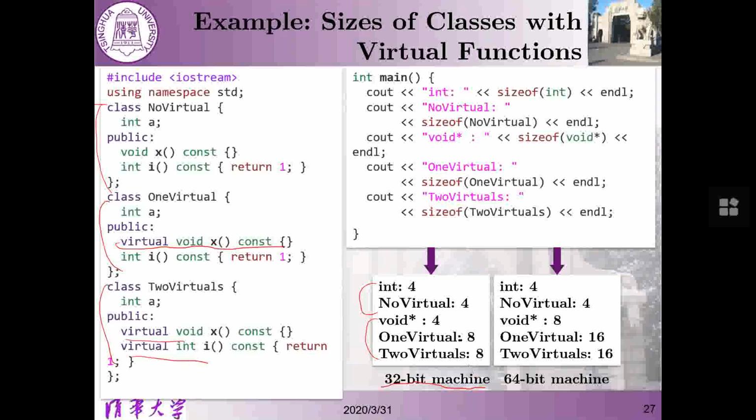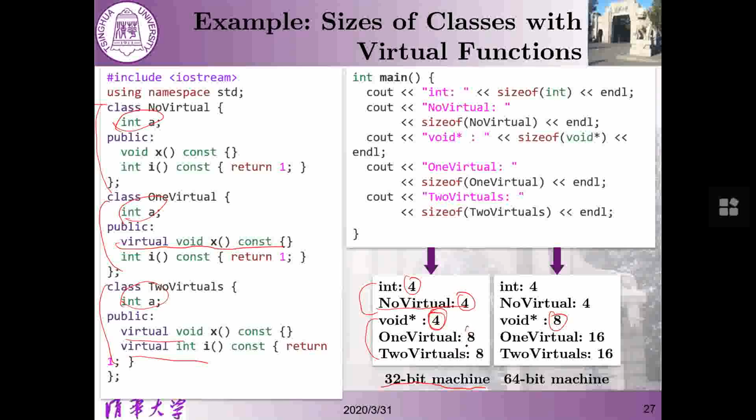For 32-bit machines, we have this result. The major difference is that pointer size is different. For this 32-bit machine, the pointer is 4 and int is 4. Here's an int. So if there's no virtual, there's only an integer, so the size of the class is 4, right?